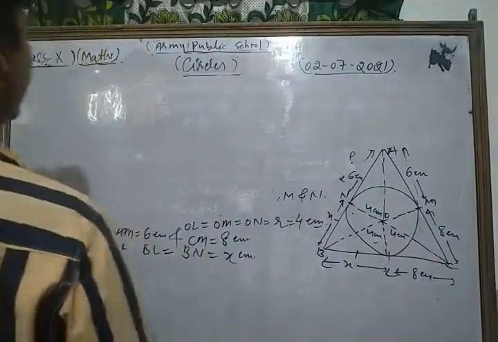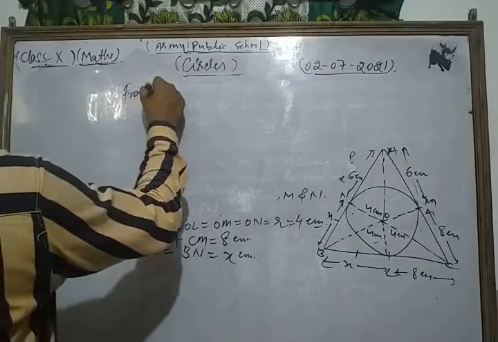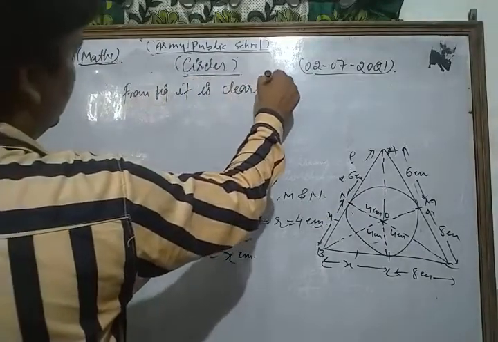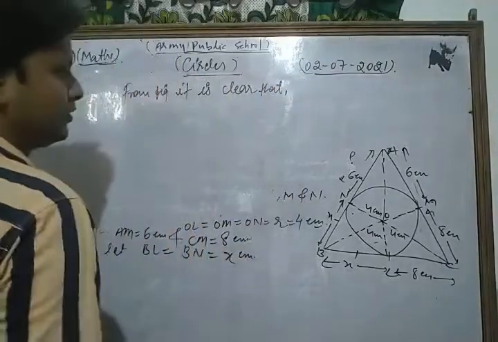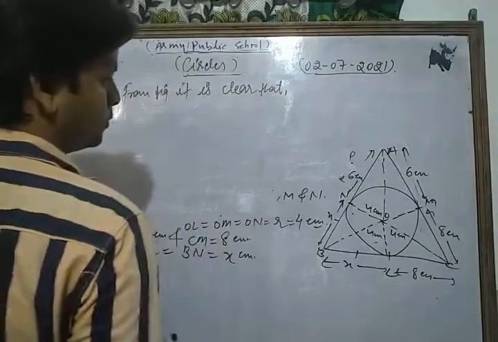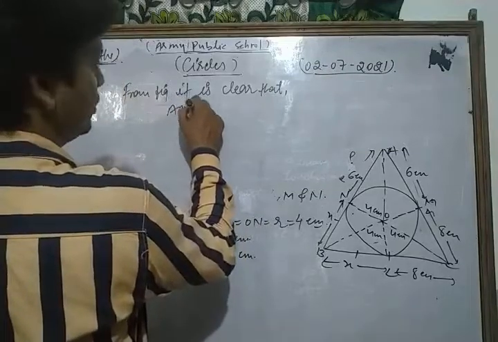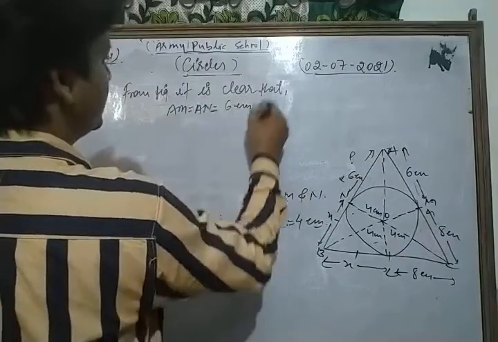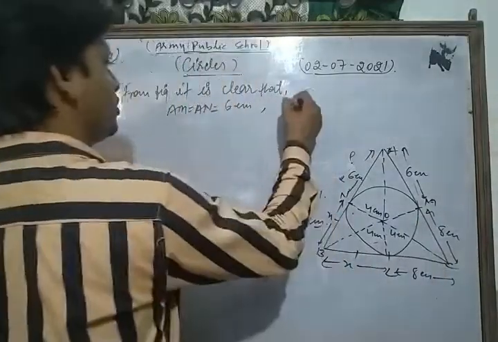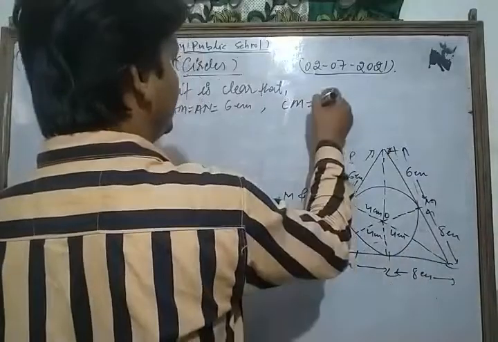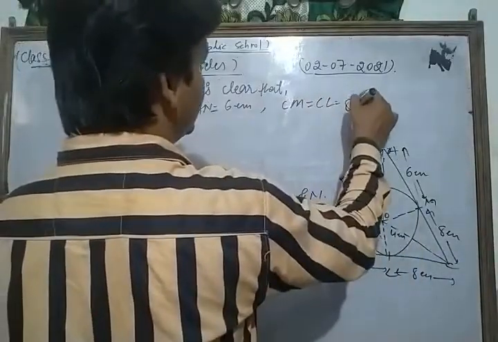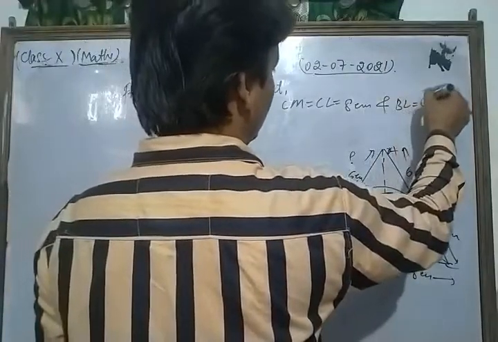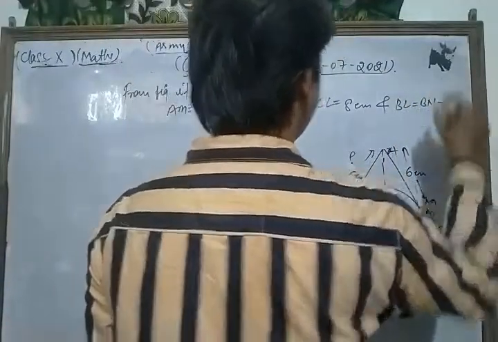From the figure it is clear that AM is equal to AN, each equal to 6 centimeter. CM is equal to CL, each equal to 8 centimeter. And BL is equal to BN, each equal to x centimeter.